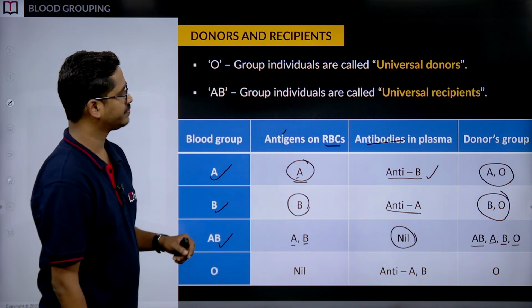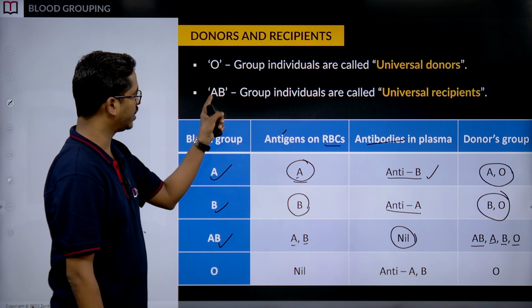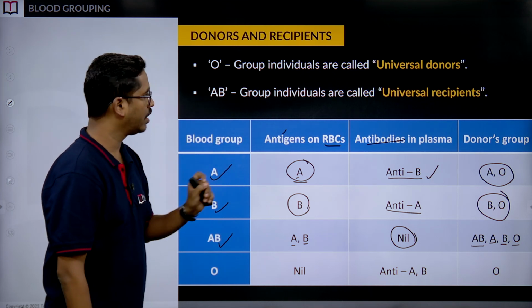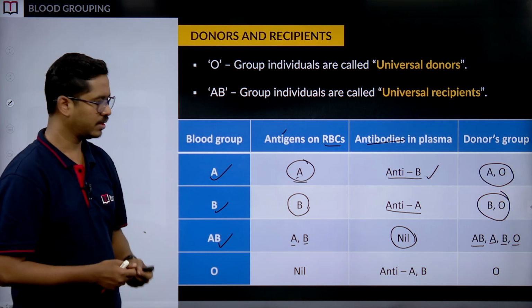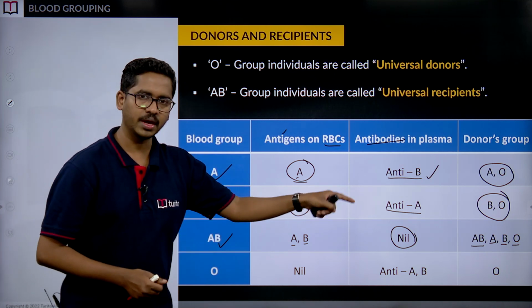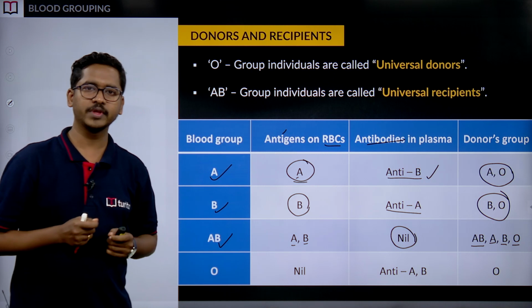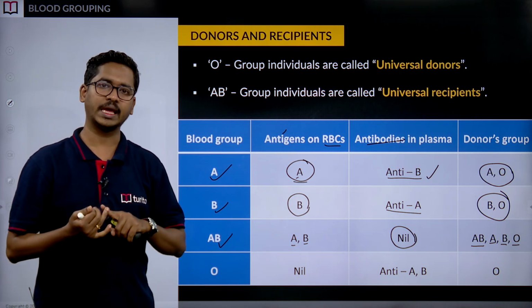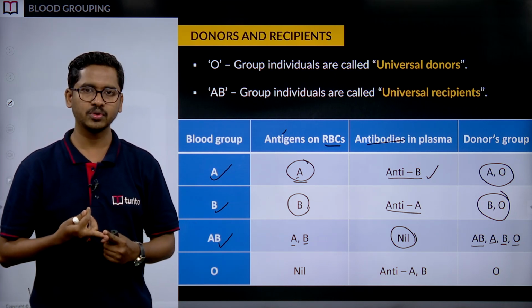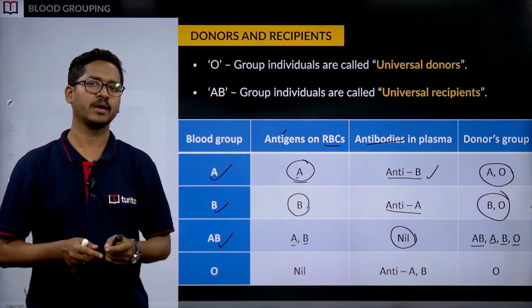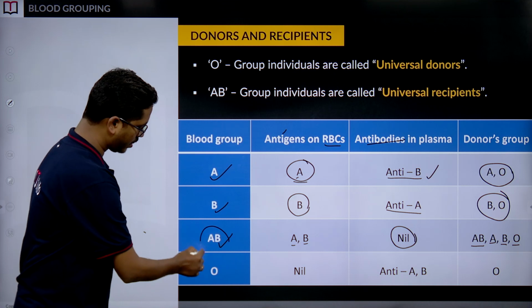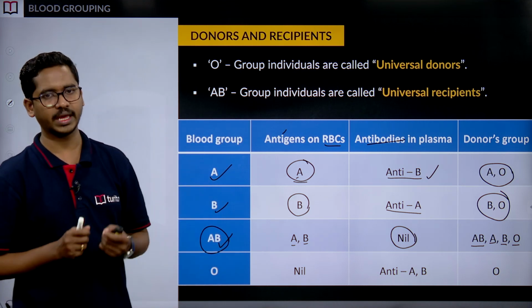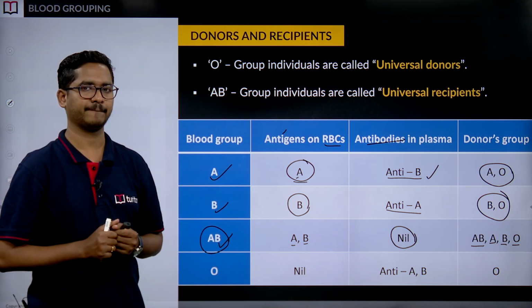The individuals with blood group AB are called universal recipients. Who can donate? AB, A, B and O. Persons with AB, A, B and O blood groups can all donate blood to the individual with blood group AB, right.